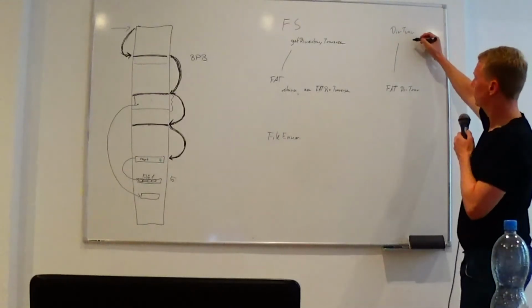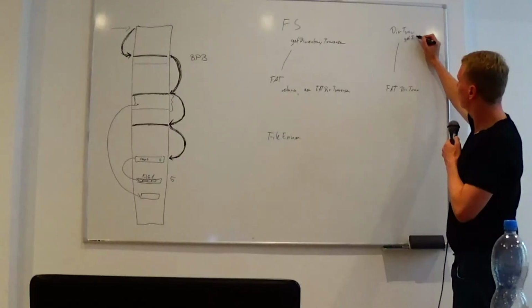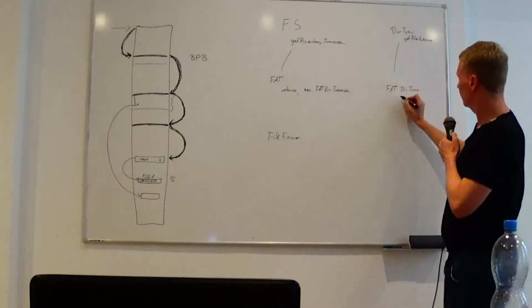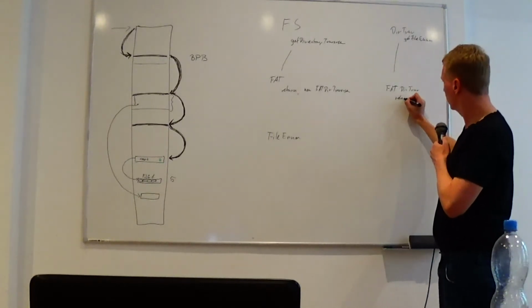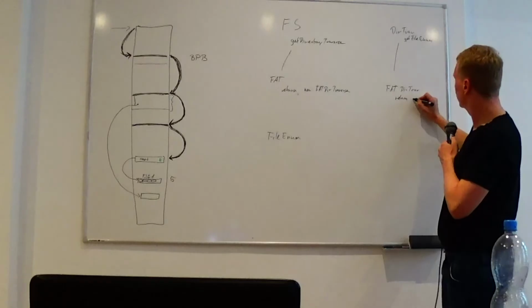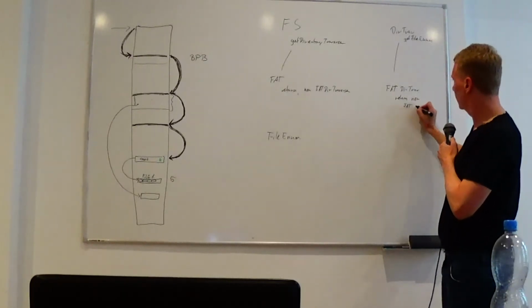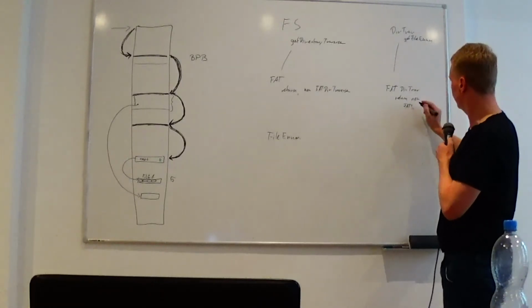So directory traverser would have something like get file enumerator. The FAT directory traverser would override that with a new FAT file enumerator.